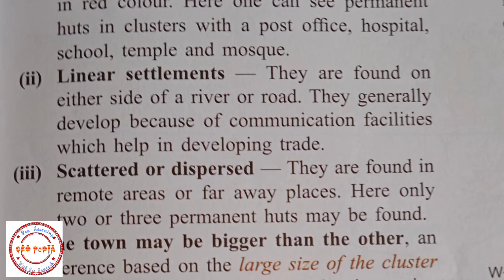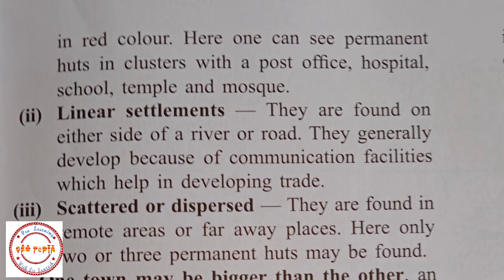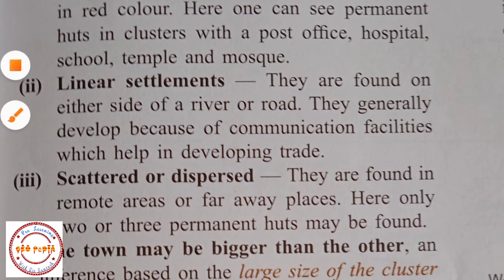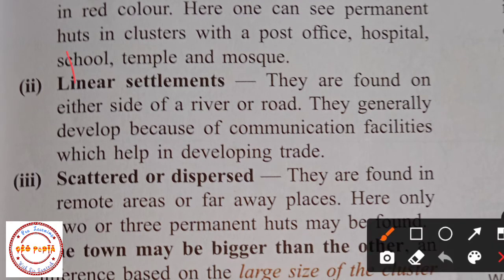And now the third settlement we have is scattered or dispersed settlement. Scattered in Hindi we say फैला हुआ, यानी कि बिखरा हुआ settlement. Scattered settlement means settlements where people live very far from each other. Huts or houses are very far from each other.